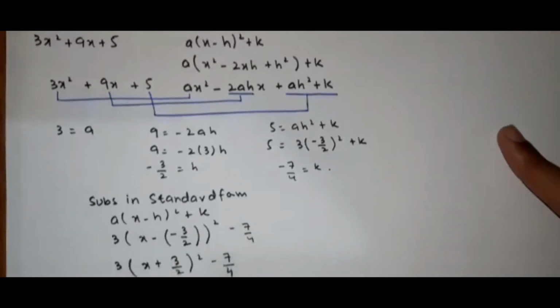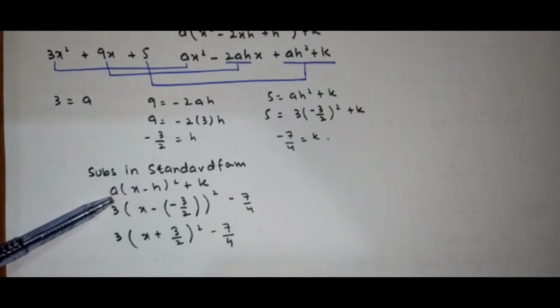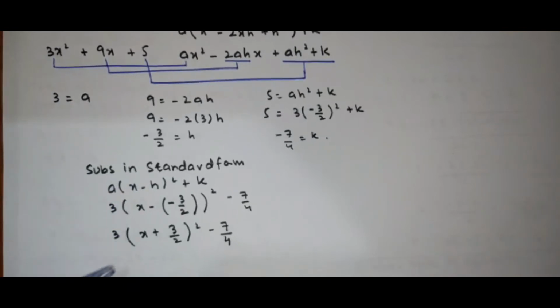We are going to substitute the values of a, h and k in our standard form, so as to get our final standard form, that becomes 3(x + 3/2)² - 7/4. We saw that both of the methods result in the same answer. However, the second method is less time consuming and is much simpler.